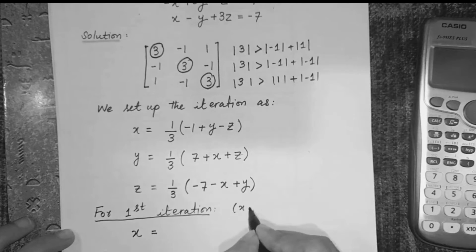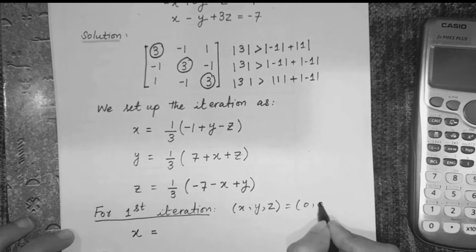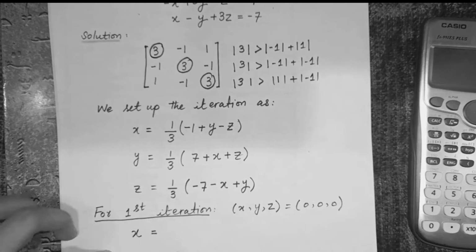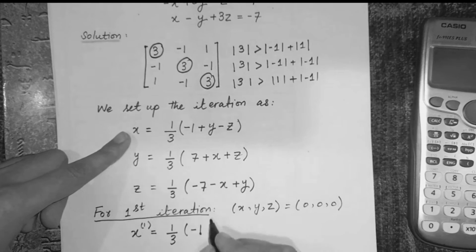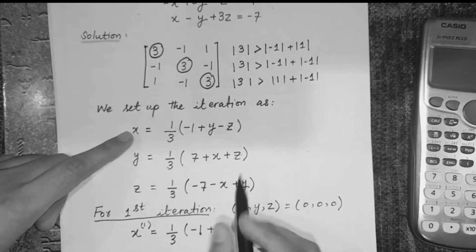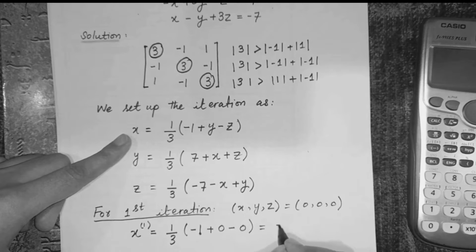So let's say x, y and z initially have values 0, 0 and 0. So x is equal to 1 over 3 of negative 1. As it is the first iteration, we write 1 in the superscript. Now for y, the initial guess is 0, so we simply put 0. For z it is also 0, so it becomes minus 1 by 3.